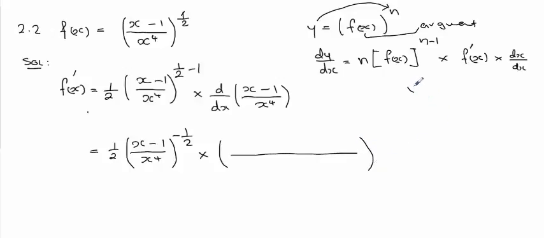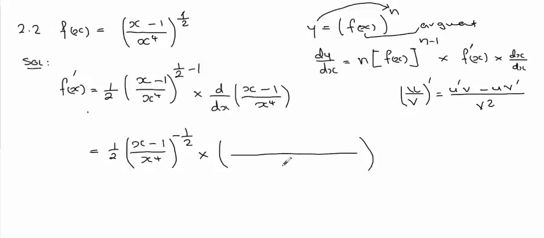And remember, if we've got, let's say, u over v, and we need a derivative, recapping on the quotient rule, this will be u prime multiplied by v without differentiating, minus u multiplied by the derivative of v, all over v squared. So that's what we're going to apply here.